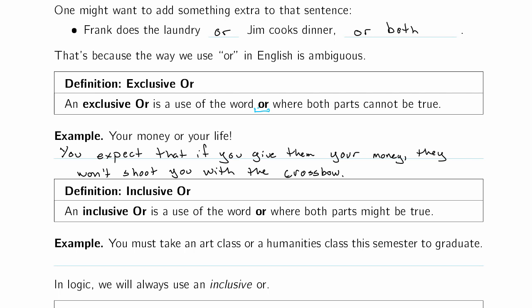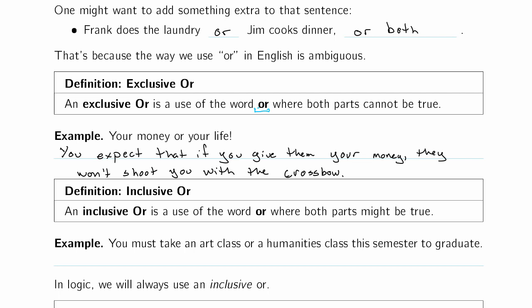And you're not going to feel any better about it if they say, oh, I'm sorry, that was an inclusive or. In an inclusive or, exactly the same word in English, both parts might be true. So one example might be, you must take an art class or a humanities class this semester to graduate, right?